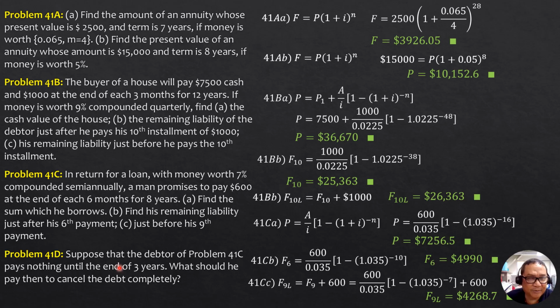And lastly, 41D. Suppose that the debtor of problem 41C pays nothing until the end of 3 years. What should he pay then to cancel the debt completely?